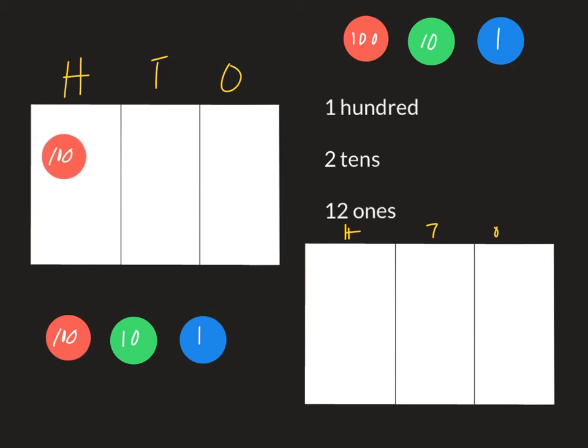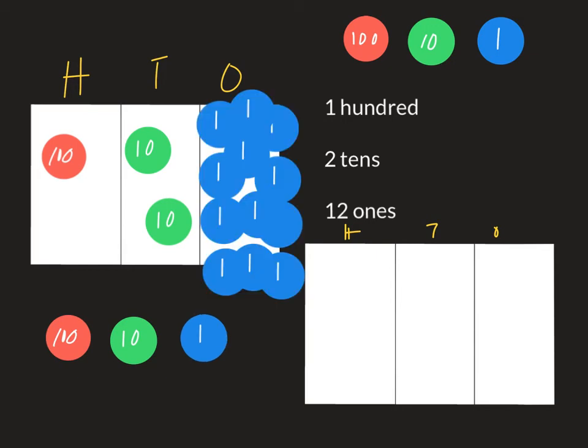It's asking for 2 tens. And it's asking for 12 ones. Now, 12 ones looks really messy. The space is crowded. There's a lot of overlapping. It's hard to keep track of things. So let's see if we can do anything easier with this.